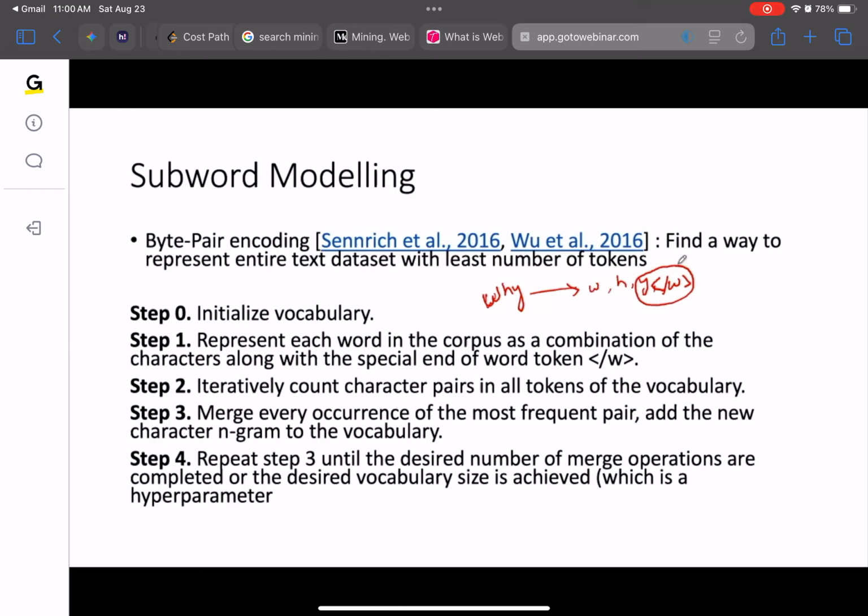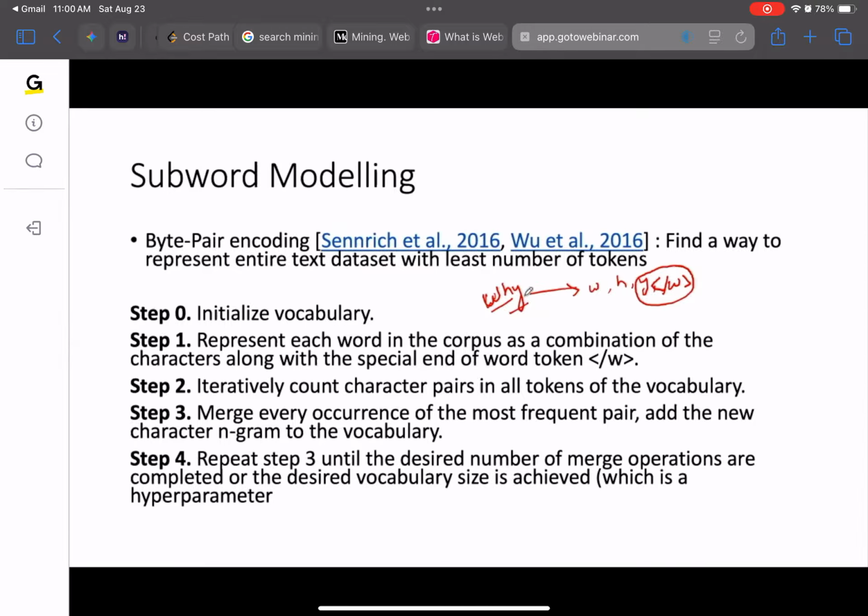Once we do this, we count the number of character pairs that have come in. Here, w, h, y are the characters of the word. So there are different pairs here: wh can be treated as one pair and hy can be treated as another pair.